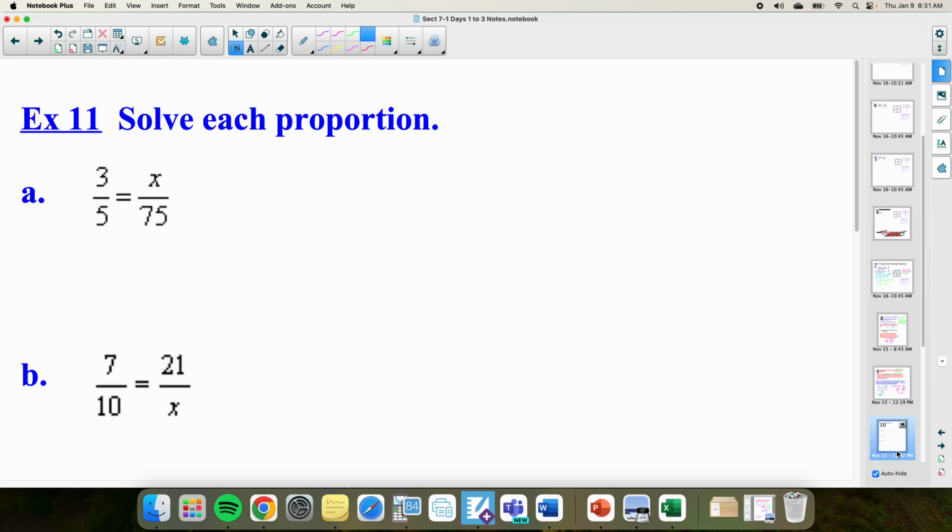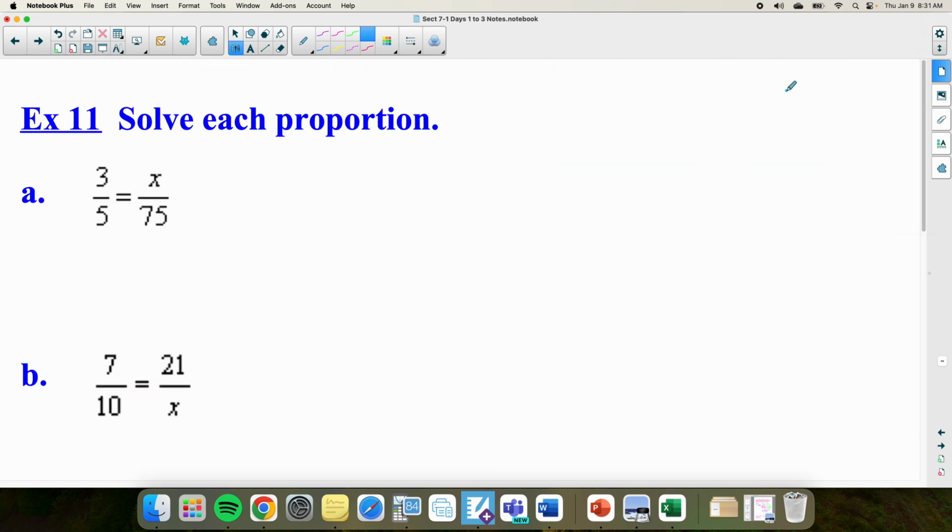Then, if we go to this page, so I was telling you guys, once we get into similar figures, we use proportions like this a lot. Yesterday we did hard proportions, where we had to factor. These are easier, okay? When you guys learned this probably in middle school, late elementary school, your teacher probably did where you went 3 times 75 equals 5 times x, okay?